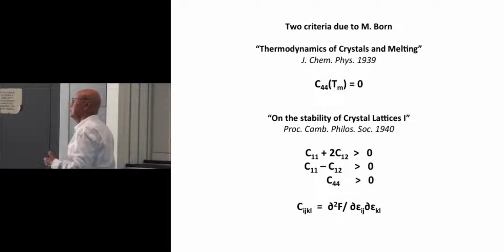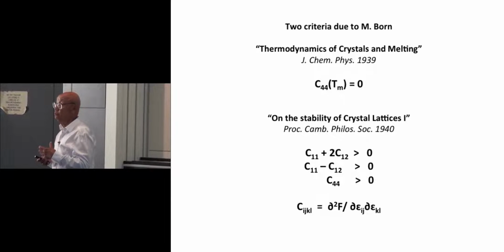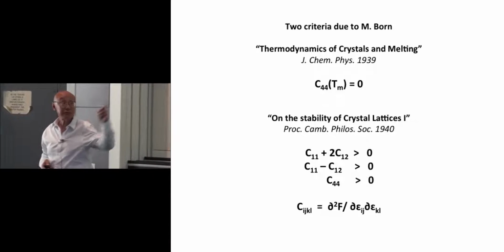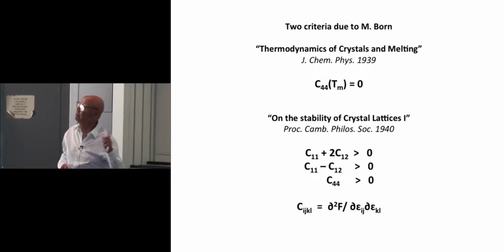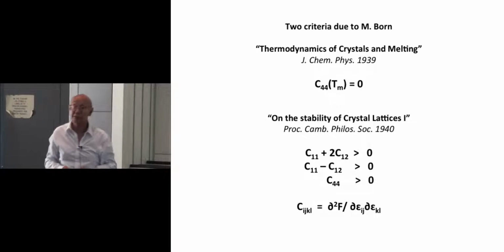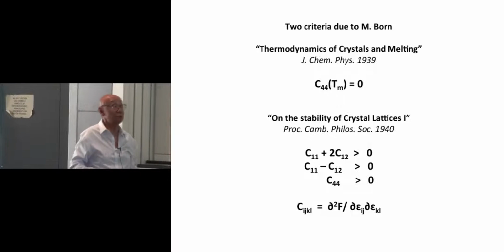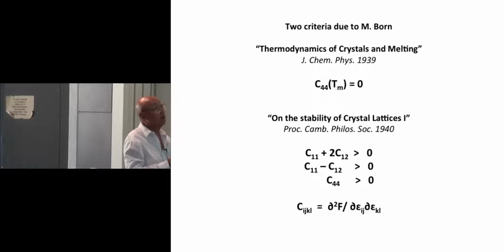And now, of course, people are interested in knowing what is the material strength, so they actually put external loads on systems and watch how they deform. In that case, you have to be very careful. These criteria are not valid because they're only derived for zero load. But for finite load, there are corrections which are actually important. That's another story we would not follow up on.